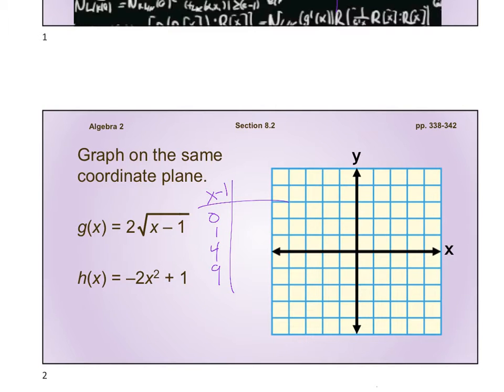For that to happen, x is going to have to be 1, 2, 5, and 10. Okay, so that's my x value.